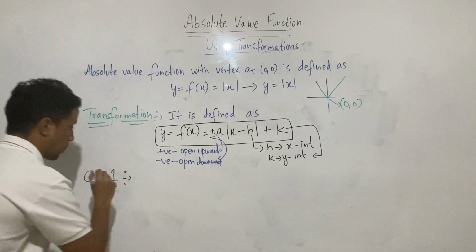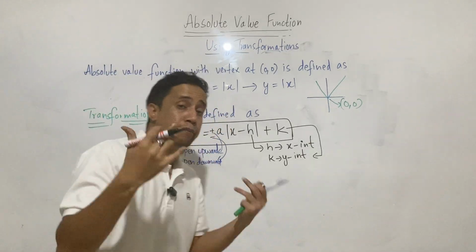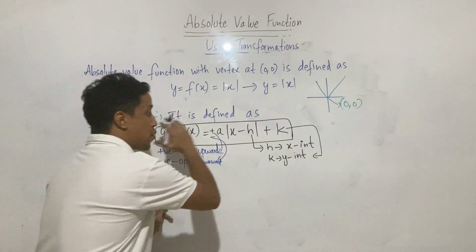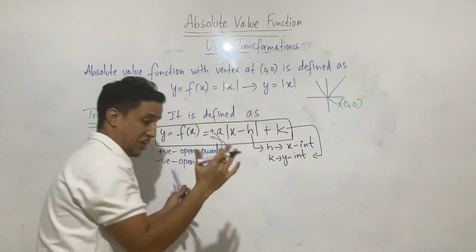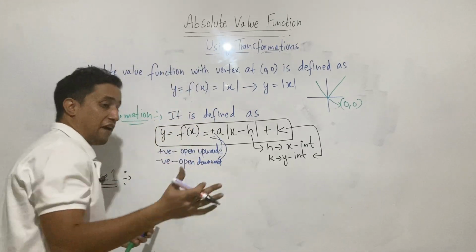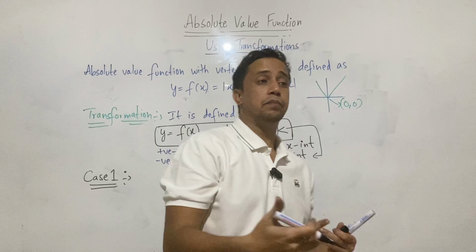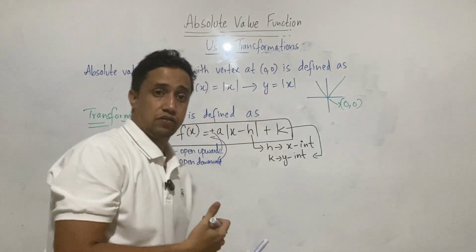Case 1, I'm not deriving anything. I'm just trying to break this whole thing into multiple steps, so that in the final stage, when we assemble everything, you do not have problem to understand the things.